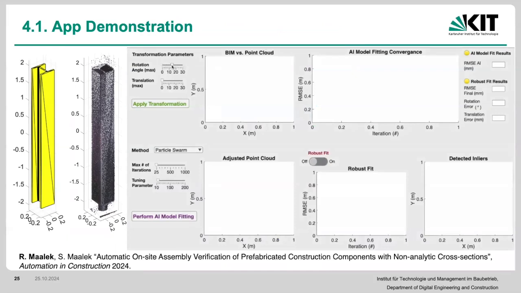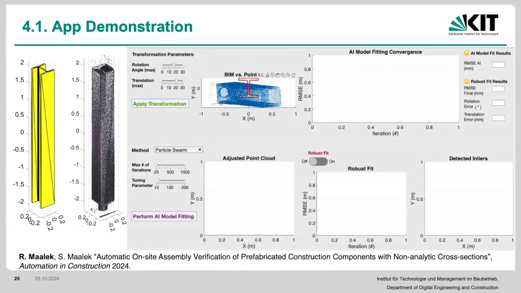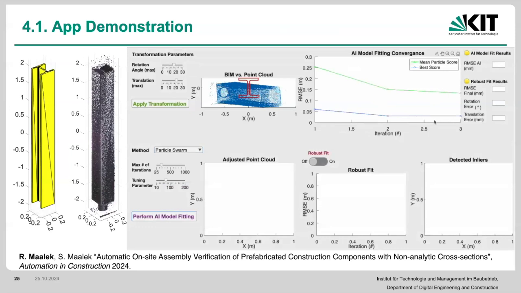I'll give a very exaggerated orientation. These are the points of this, and this is the model. My aim is to move this, or perform model fitting, so that these two start aligning. So I use particle swarm in this case, but you can use genetic algorithm and other methods as well.